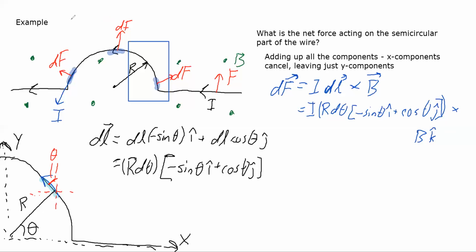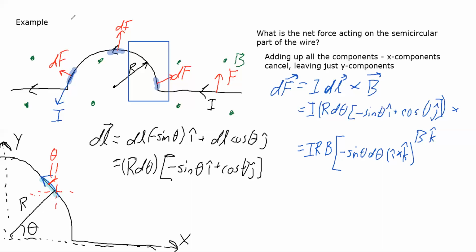So let me take out the constants. So I, R, B, and then what I have is this negative sine theta d theta, and the cross product of i hat cross k hat. Where did that cross product come from?